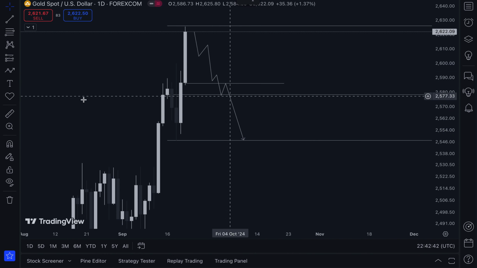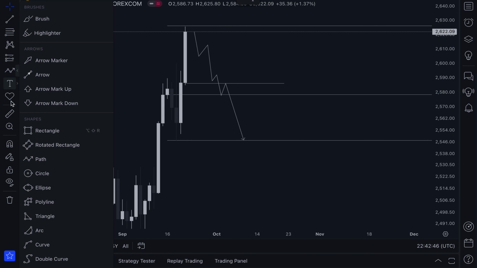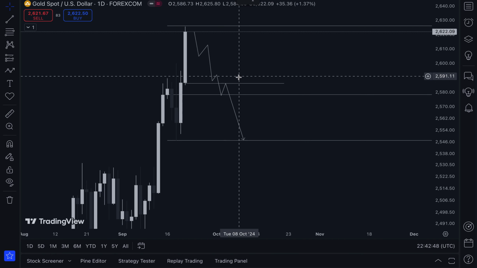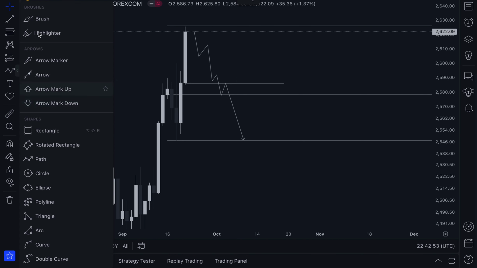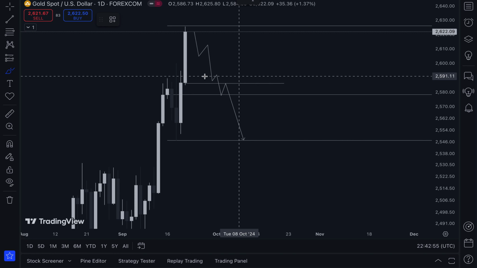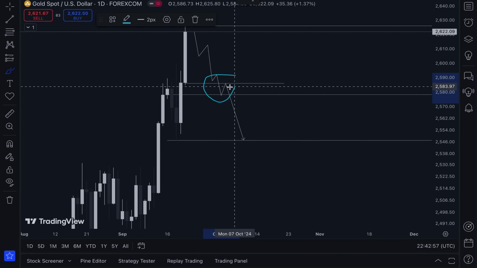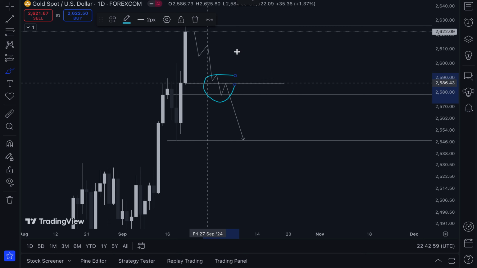All right, meaning that I would be expecting my optimum entry for breakout and retest around this area.